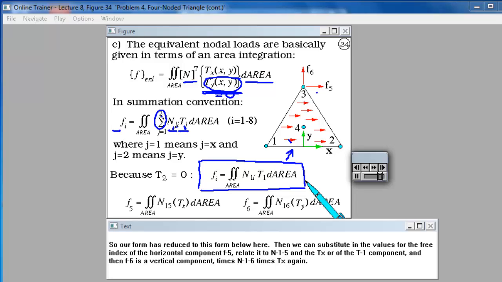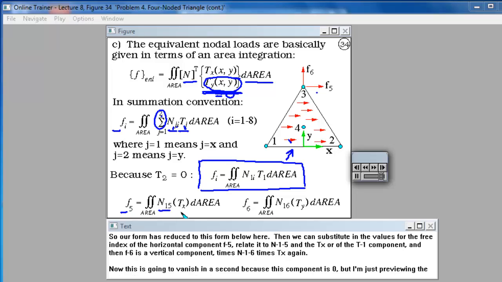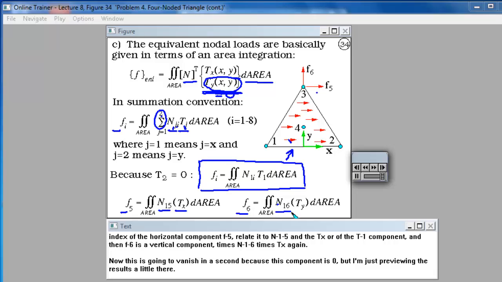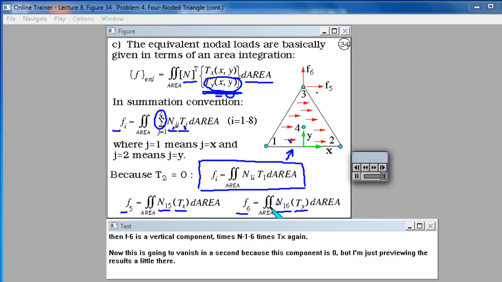Then we can substitute in the values for the free index: the horizontal component F5 is related to N15 and the Tx, or the T1 component, and then F6 is the vertical component times N16 times Tx again. Now this is going to vanish in a second because this component is 0, but I'm just previewing the results a little.